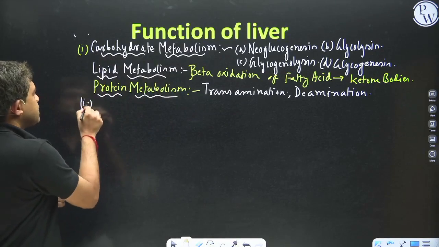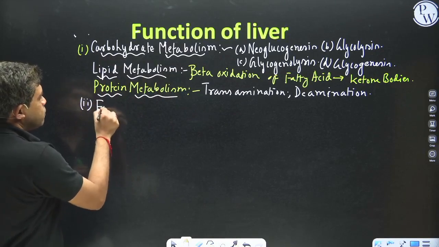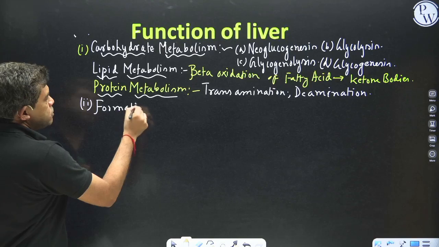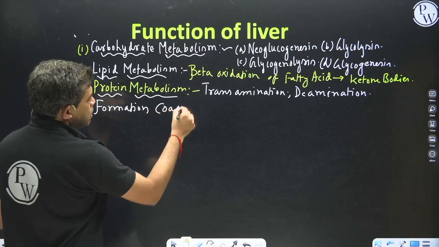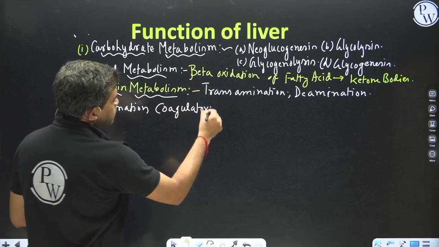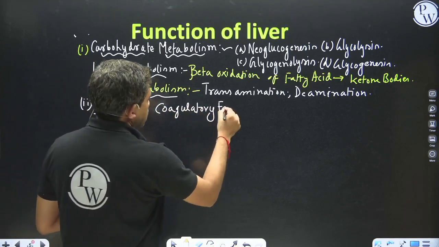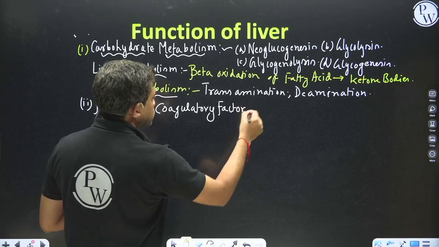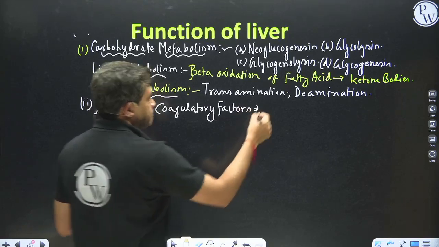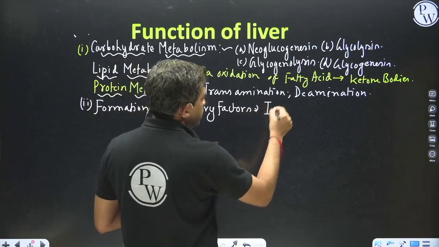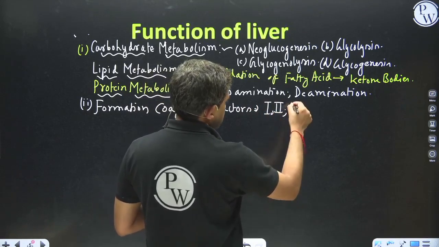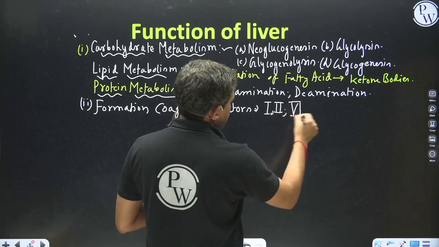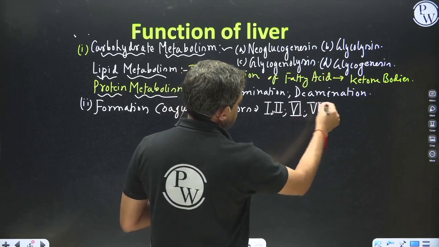It is associated with the formation of coagulatory factors, the factors related with our blood coagulation. Say factor number 1, factor number 2, factor number 6, factor number 7.